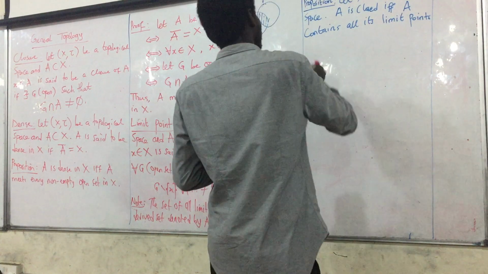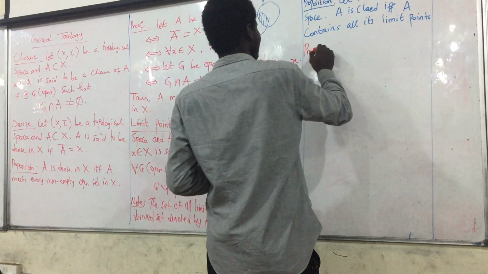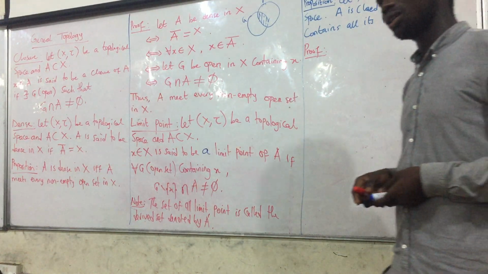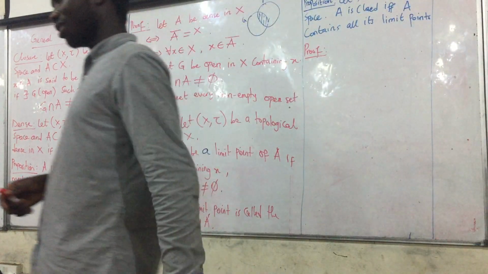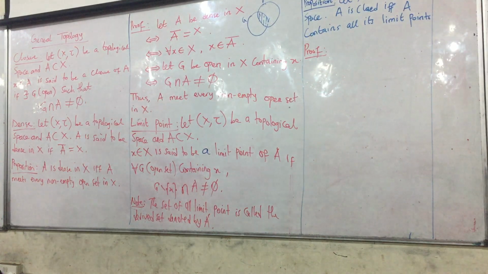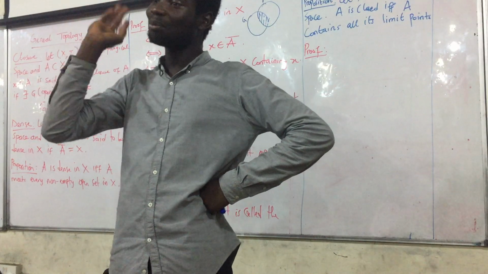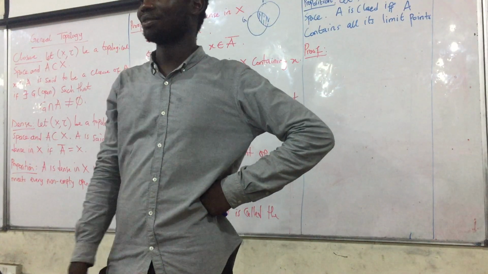Now, do you know what we want to prove here? We want to prove that... If I'm looking at the first one, is it if or if and only if? Is it if and only if its complement is open, or if its complement is open? Both of them can have if and only if.